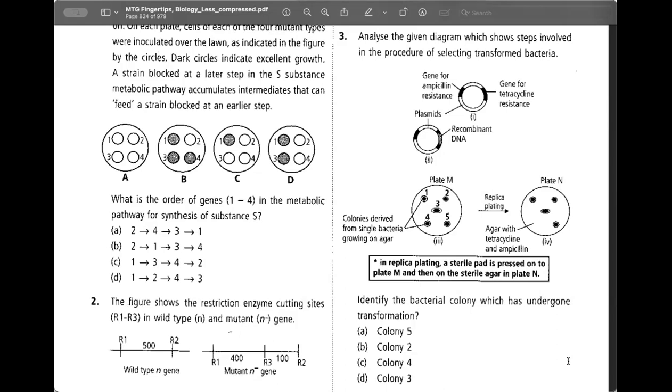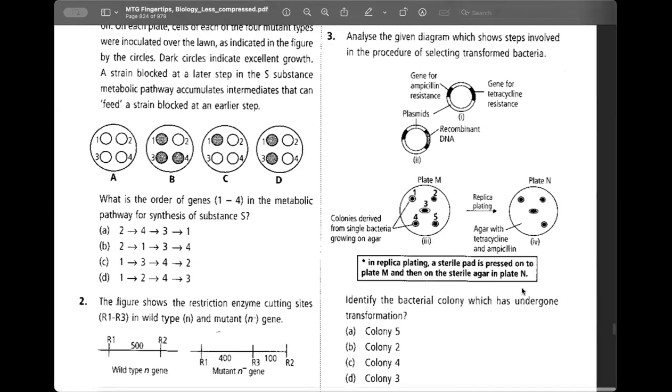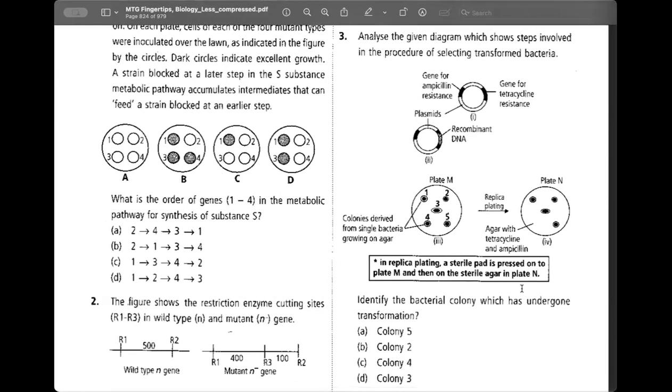Yes, perfect. And would you like to tell why colony 4? Because it was not able to survive in the medium. It just vanished in plate N. Exactly. Which means that it has undergone transformation because when the gene got inserted, the resistance for tetracycline got lost, because this is where the gene got inserted, right?